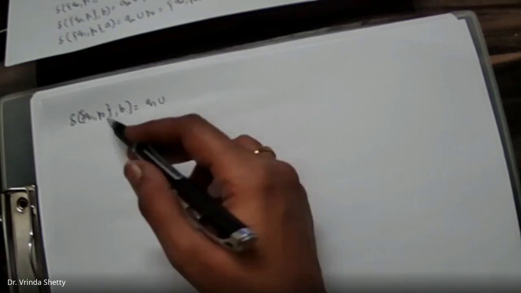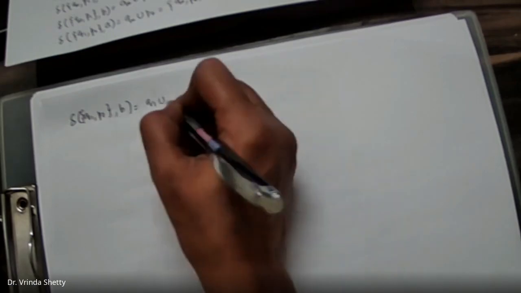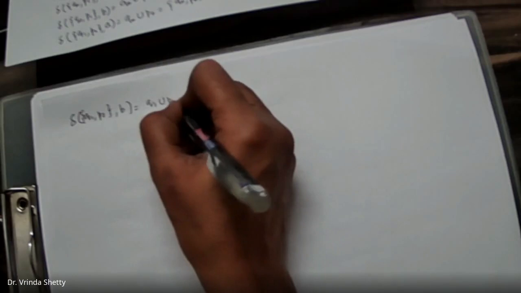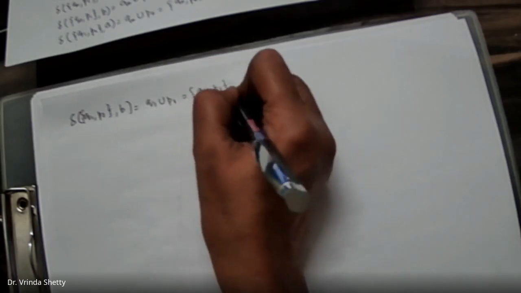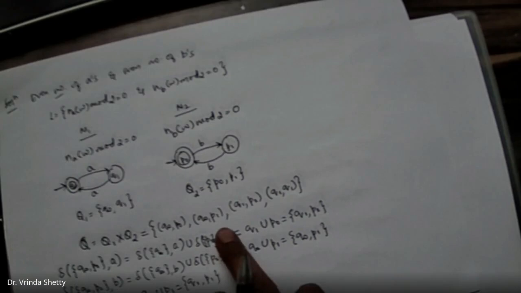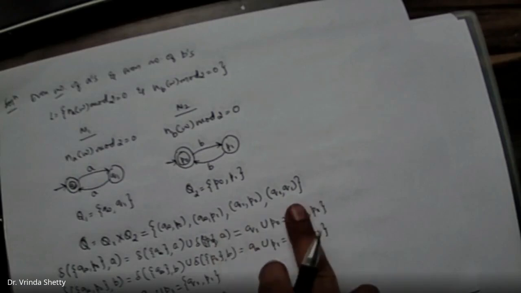Union, what is the next one? P naught on B, where is it going? P naught on B is going to P1. So we'll get it as Q1 P1. So we are done with Q naught P naught, Q1 P1. Q1 P naught on A and B is done.